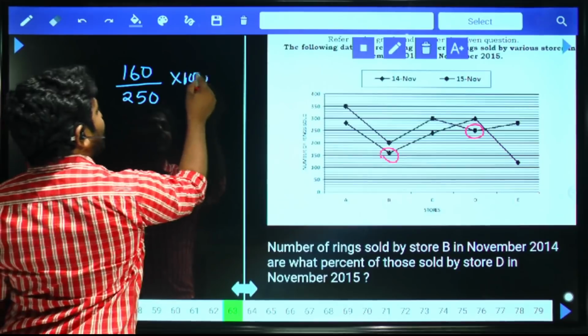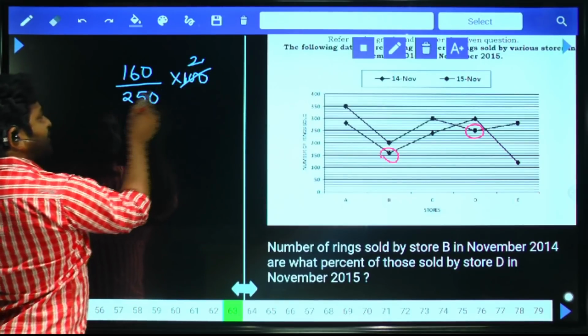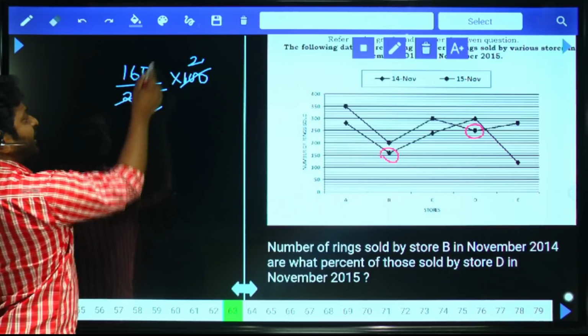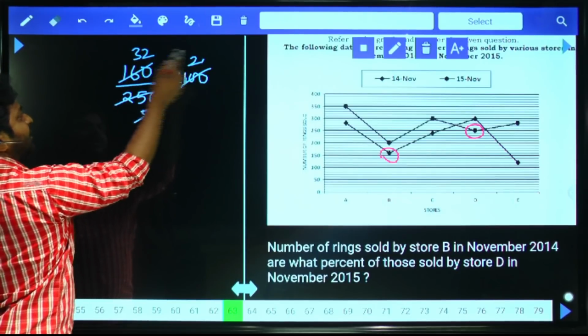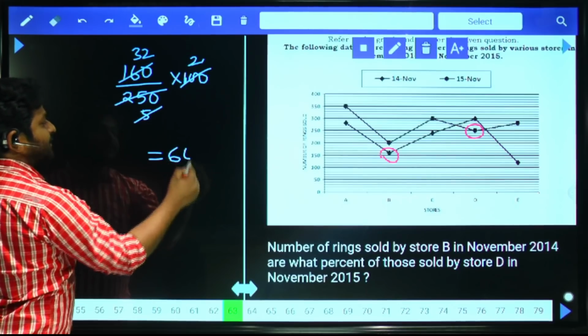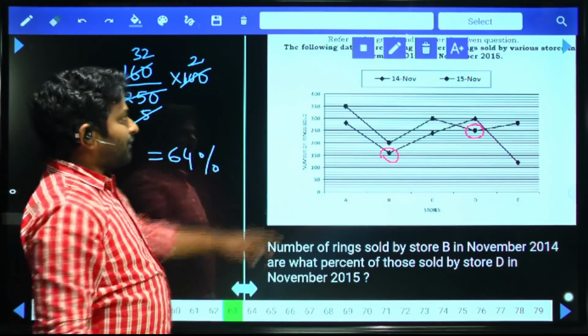Percentage into 100. 160 by 250 times 100 is 32 times 2, that is 64 percentage.